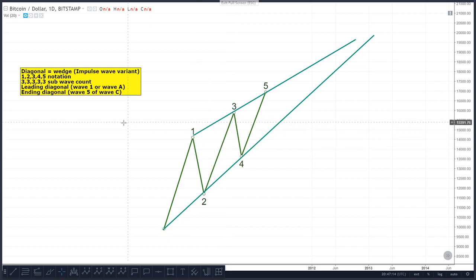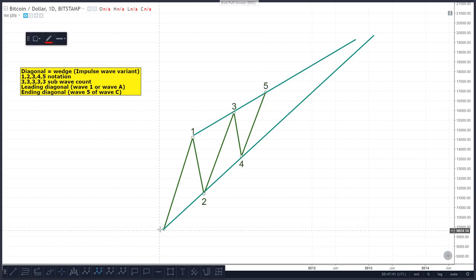Now, the subwave count, this is where it becomes confusing, and this is why people make this common mistake of calling it a corrective pattern. The subwave count is 3, 3, 3, 3, 3. That means each wave is made of 3 waves. That's very confusing, because usually in an impulse wave we have 5 up, 3 down, 5 up, 3 down, and then 5 up.